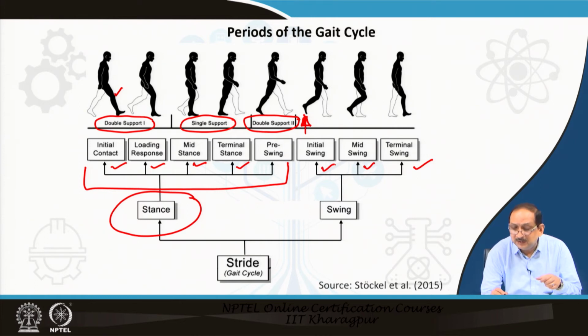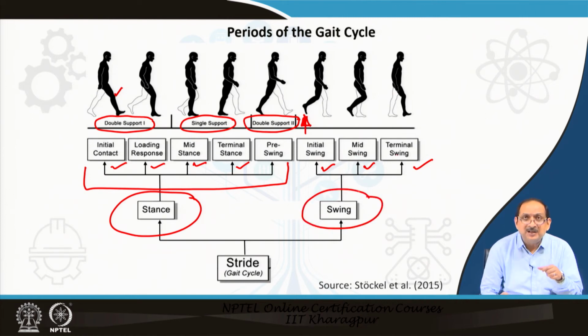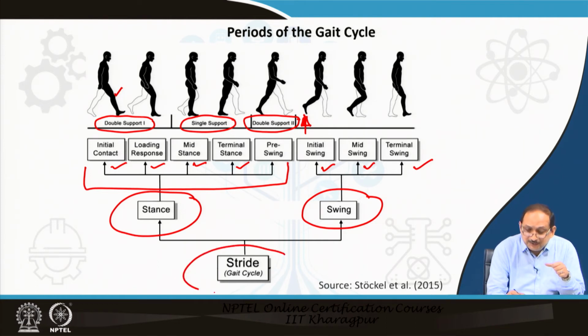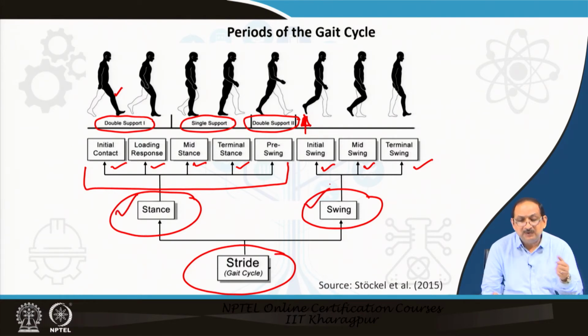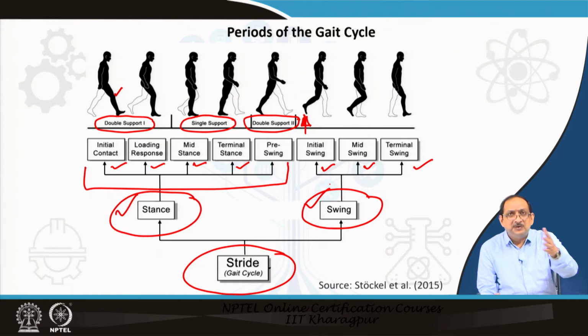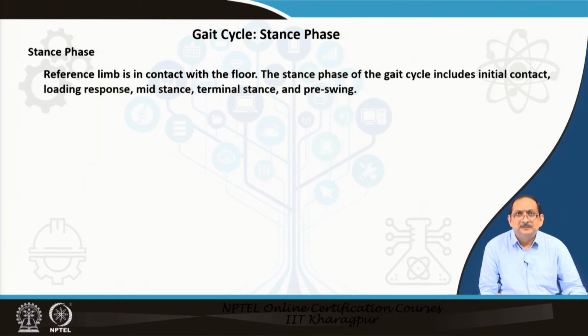Together, the initial swing, mid swing and terminal swing can be grouped as the swing phase of the cycle. So, the total stride of the gait cycle, as I indicated earlier, can be broadly classified into stance phase and swing phase, and further into different phases as discussed in this figure.